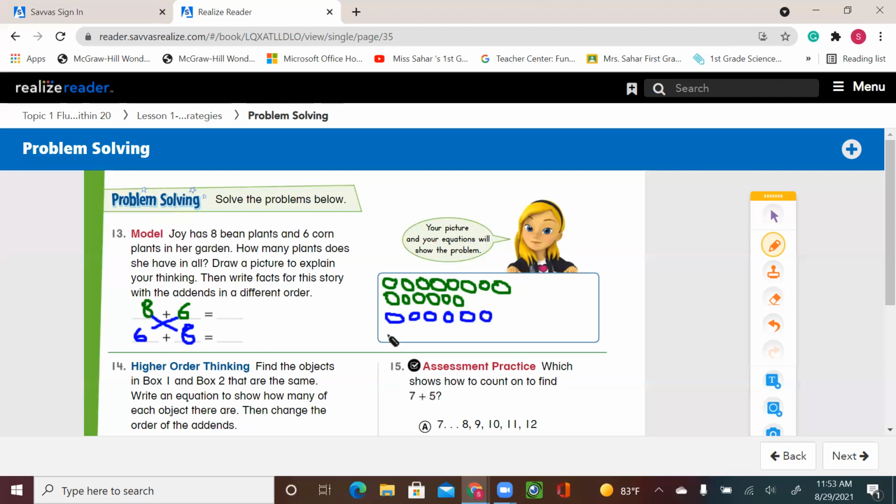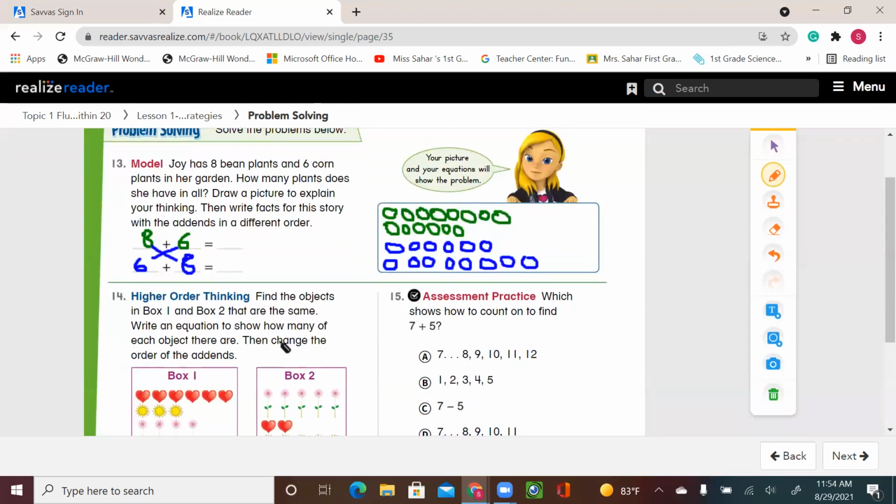And then the second addend is 8. 1, 2, 3, 4, 5, 6, 7, 8. So I should add both numbers and I should get the same answer. Okay, let's go for number 14.